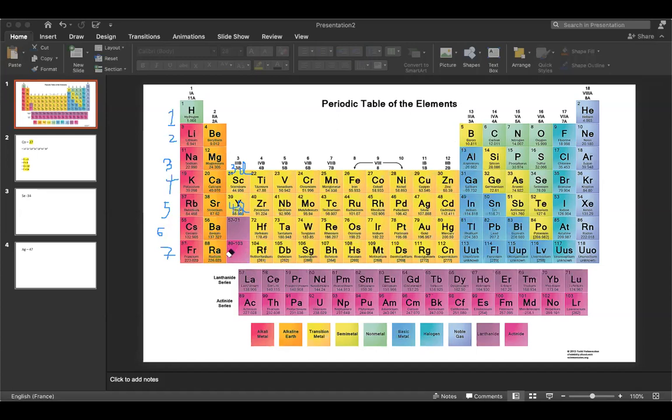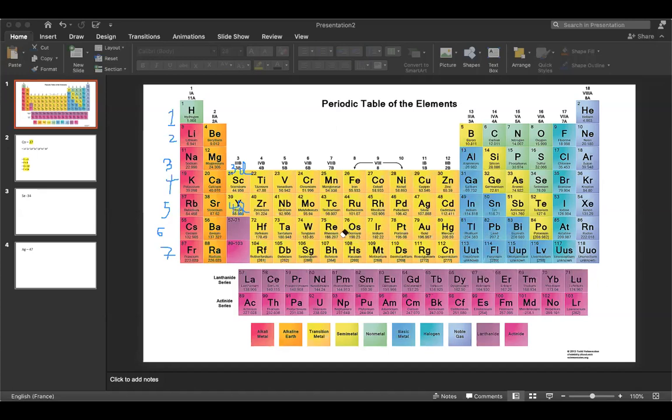Then you're going to have 4F, 5D, 6P, then 7S, 5F, 6D, then 7P. So 7P will be your last energy shell.